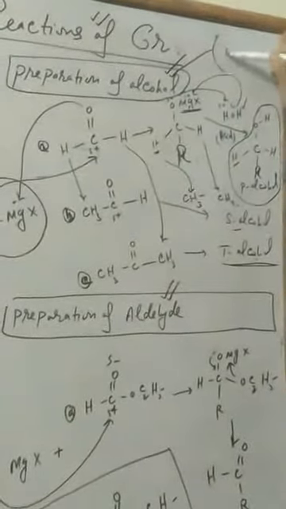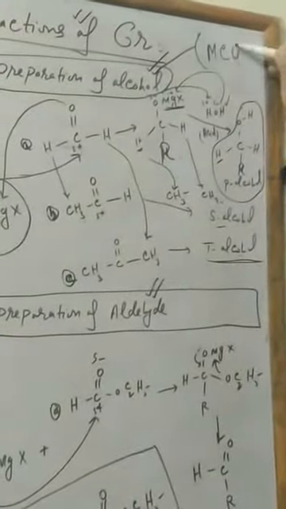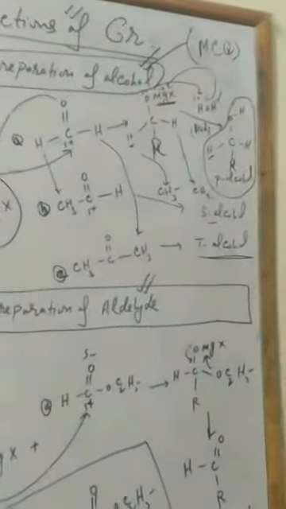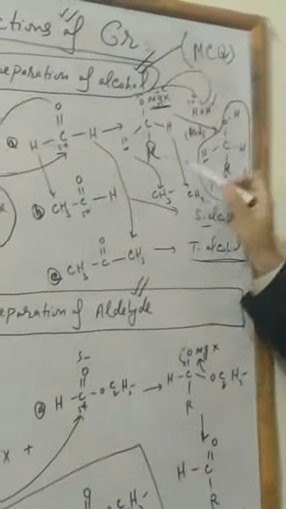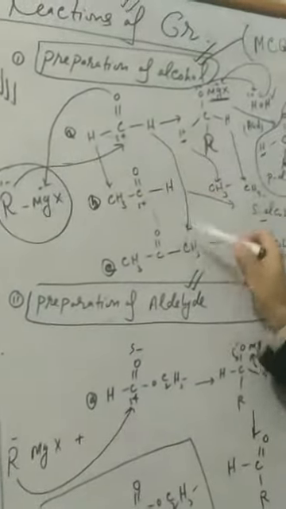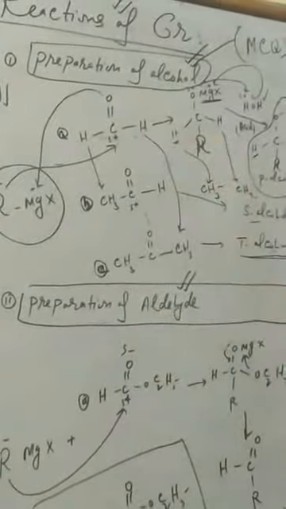This topic is very, very important from the MCQ point of view, because sometimes in an exam it will be asked: which of the following will react with Grignard reagent to give primary alcohol? So this will be the right choice.